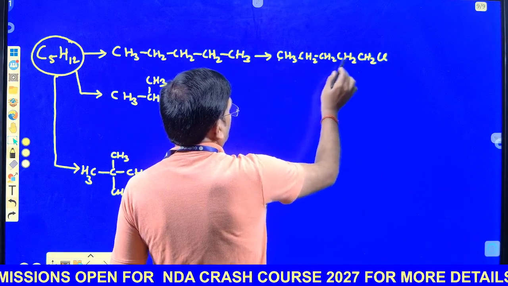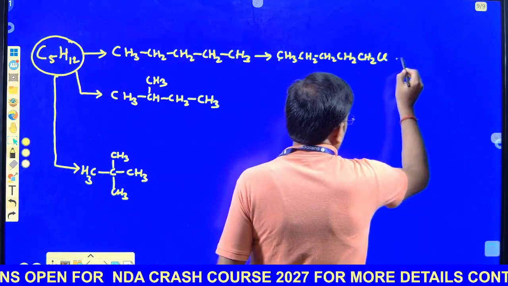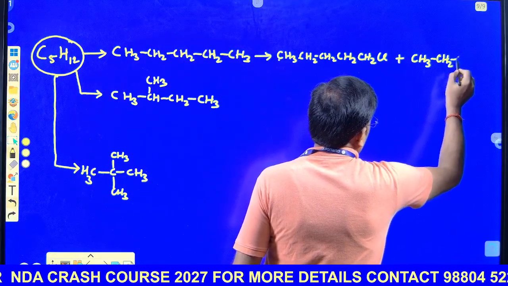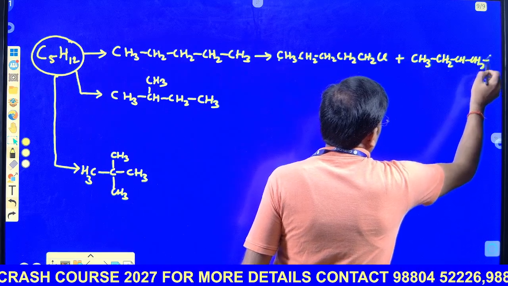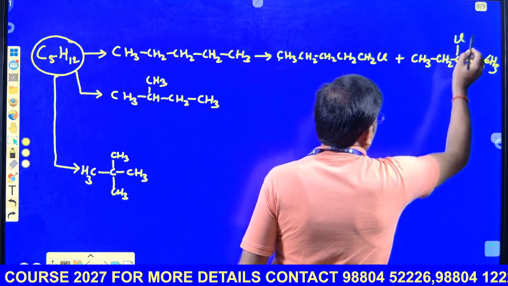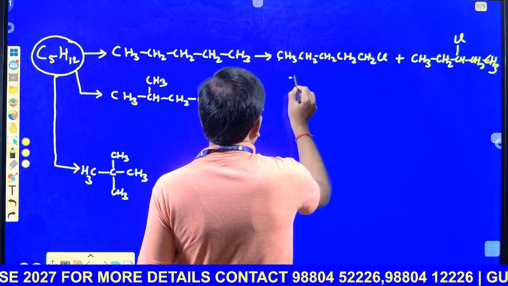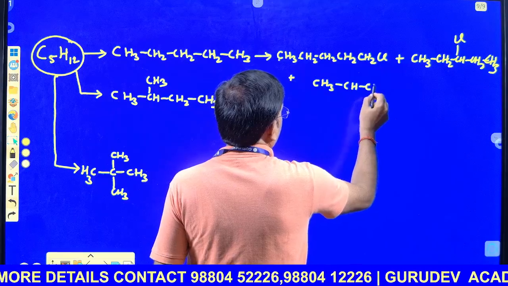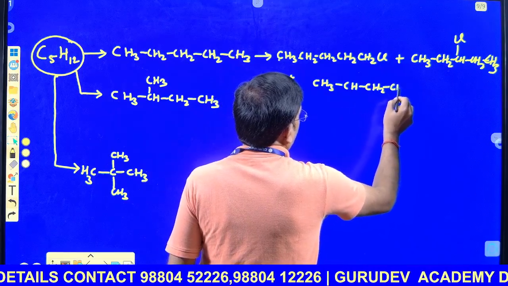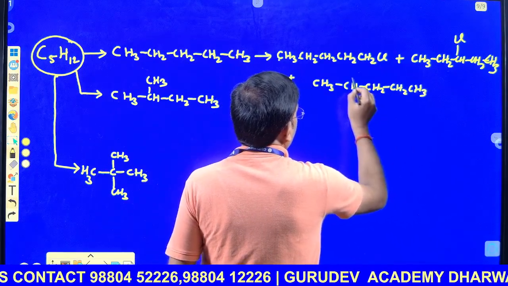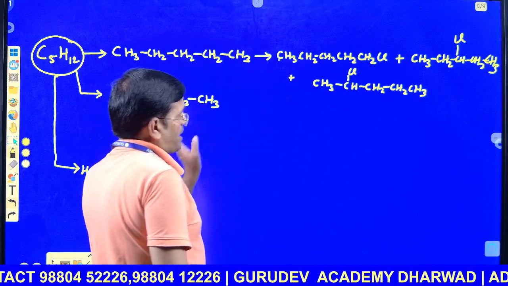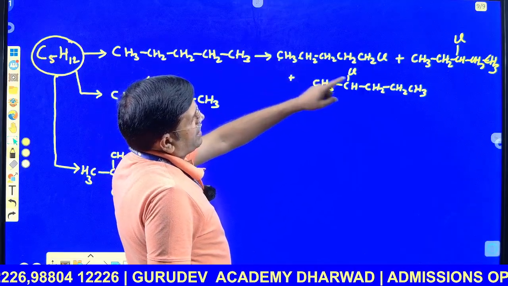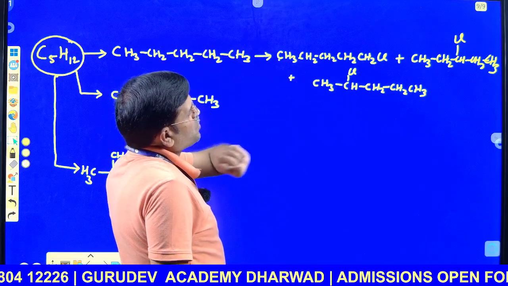Now this is the second product that you have, CH3, CH2, CH, CH2 and CH3, this time with Cl here, plus one more, CH3, CH, CH2, CH2, CH3 and Cl. If you look at these 3 products, all three are different. This is 1-chloropentane, that is 3-chloropentane, this is 2-chloropentane.